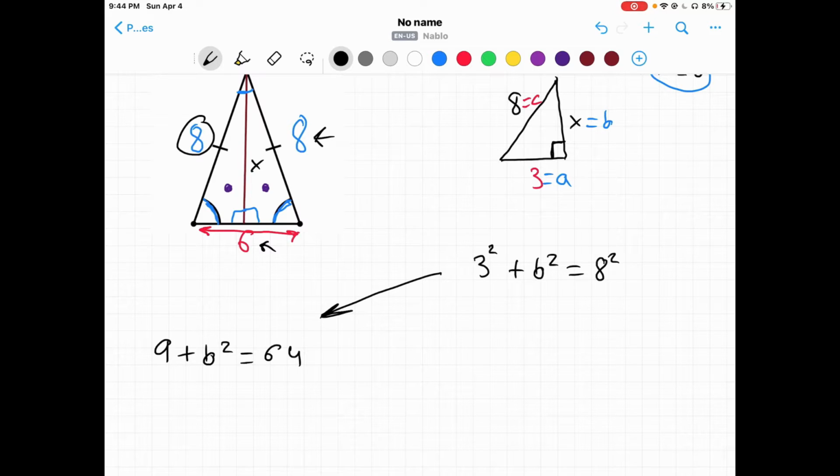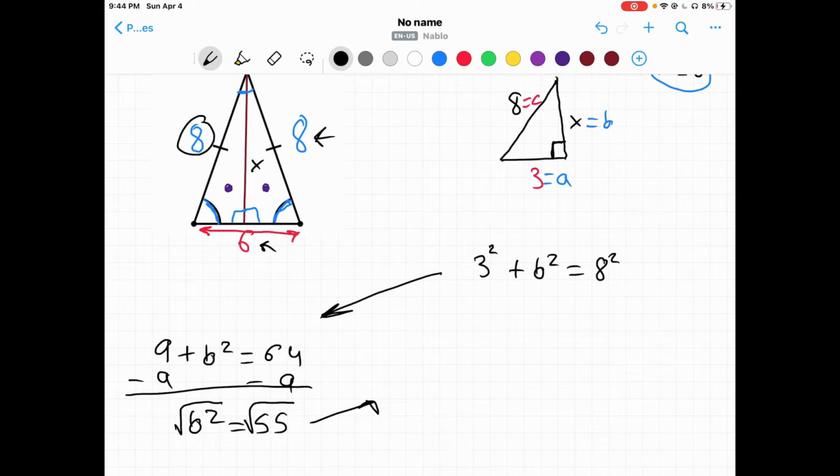Now we would subtract 9 from both sides to isolate the variable, and we would get B squared is equal to 55. Now we would take the positive root from both sides, since we cannot have negative distances, and we are left with b is equal to the square root of 55.